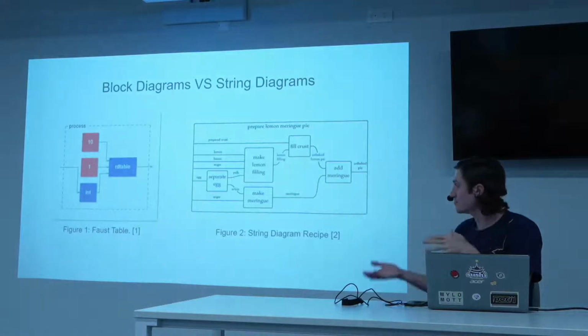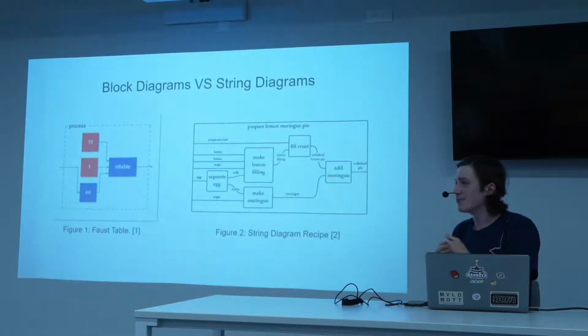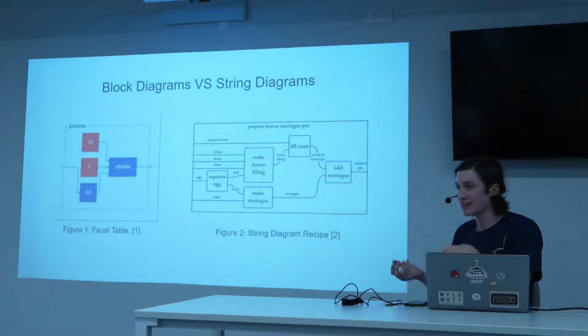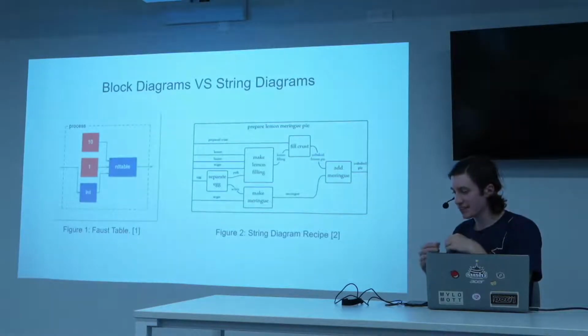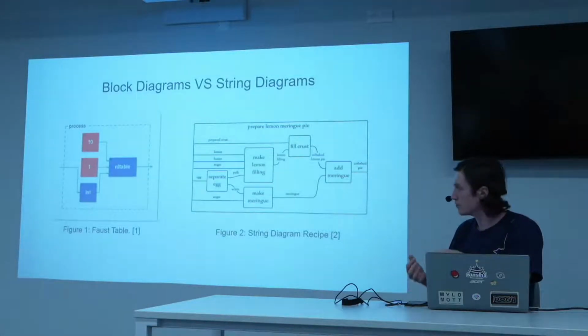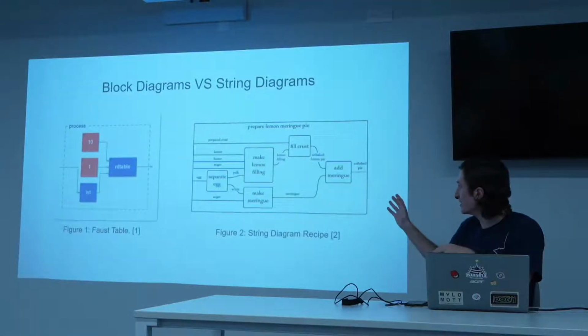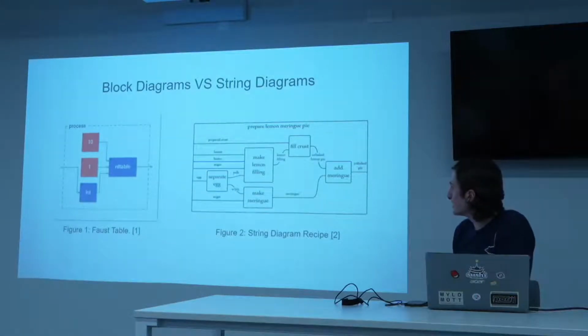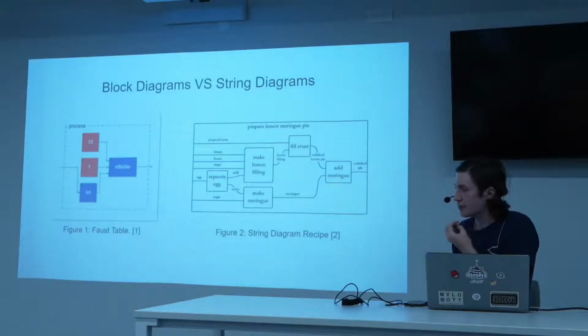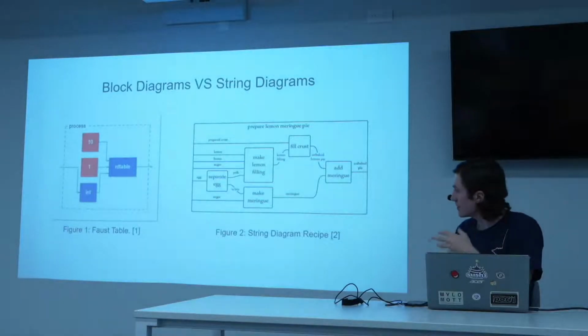As you probably already know, Faust has its own block diagrams, and the block diagram algebra is an abstract mathematical model. Here, where I've put a lemon meringue pie recipe, is a mathematical model called string diagrams that comes straight out of monoidal categories.